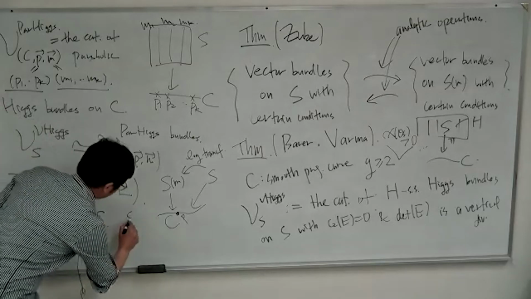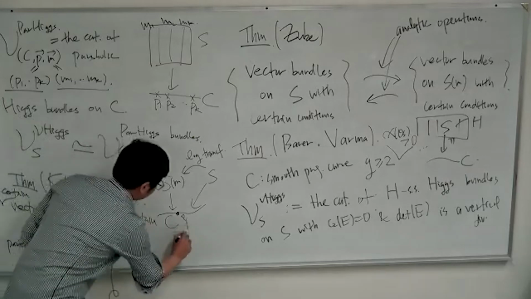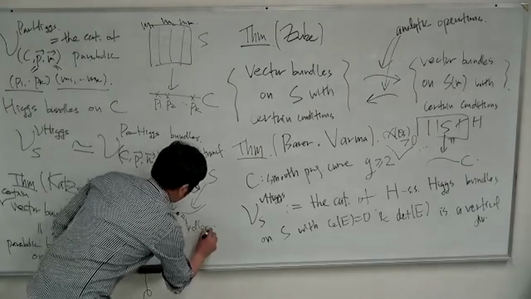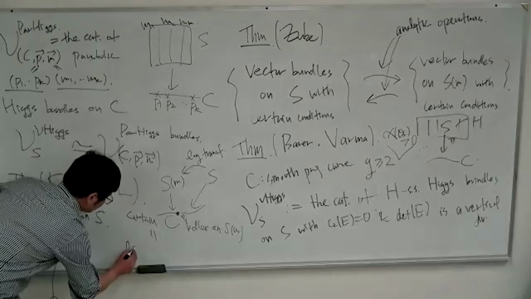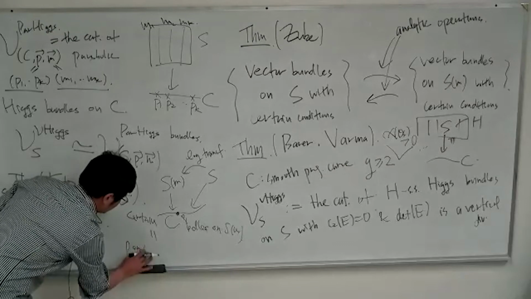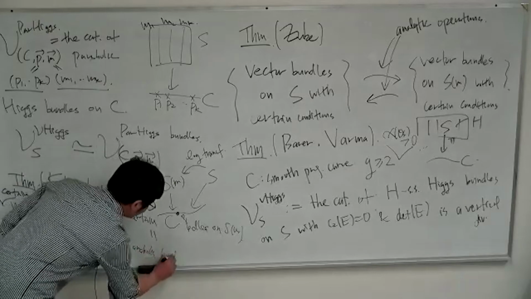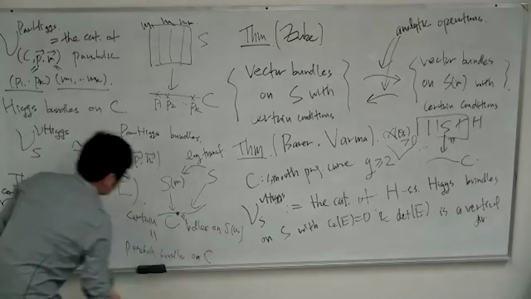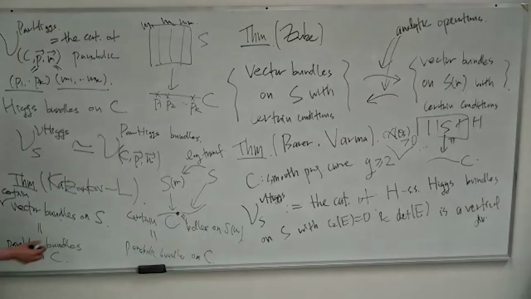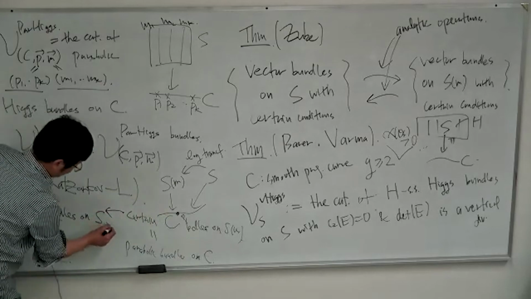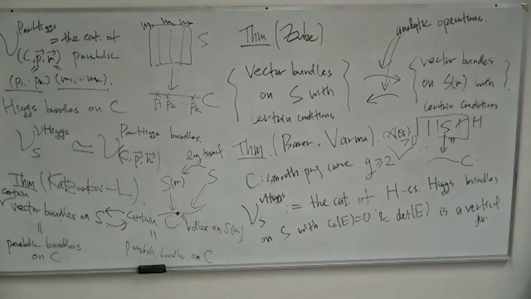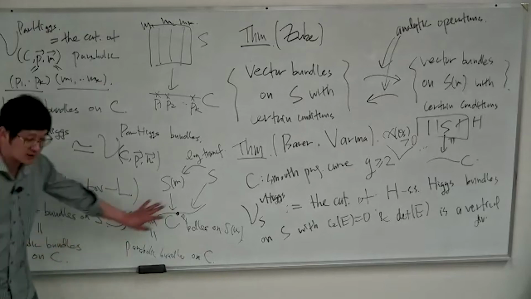And again, certain bundles on S_M can be identified with parabolic bundles on C. And what Jourdain did is to construct a functor which sends a vector bundle here to here and a vector bundle here to here. So the natural question is, can we understand these two functors in the language of this base curve? Because I can identify the vector bundles here and here.